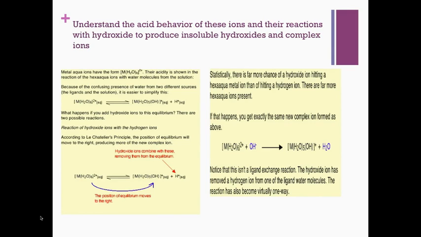If you do that, you get exactly the same complex ion formed, and it looks like a ligand exchange, but it isn't. The hydroxide ion has removed a hydrogen from one of the ligand water molecules, and it's made the reaction virtually one way. You lose the equilibrium nature.